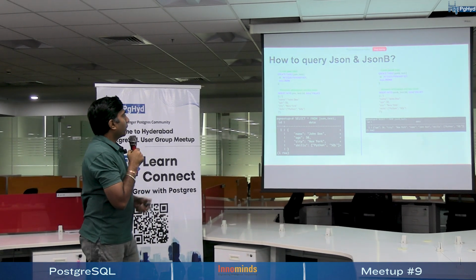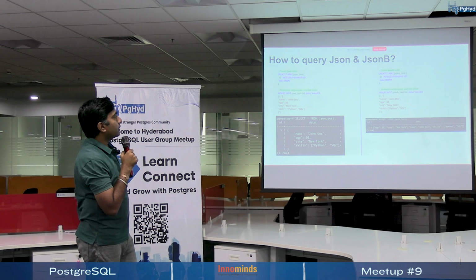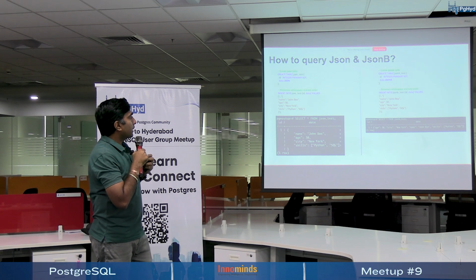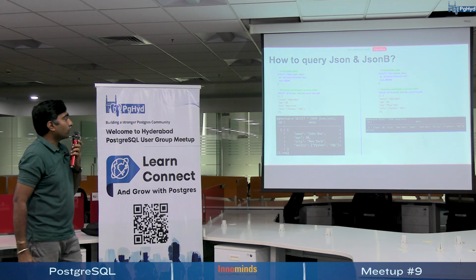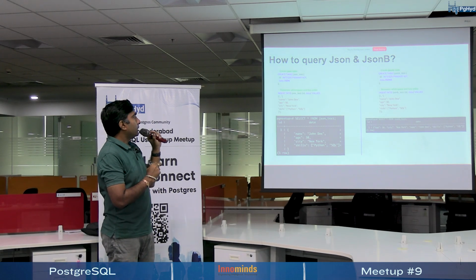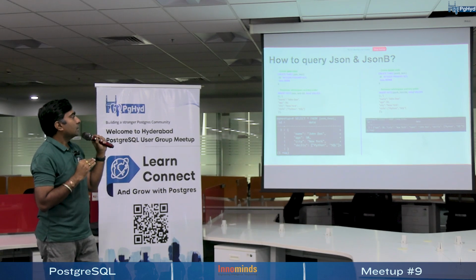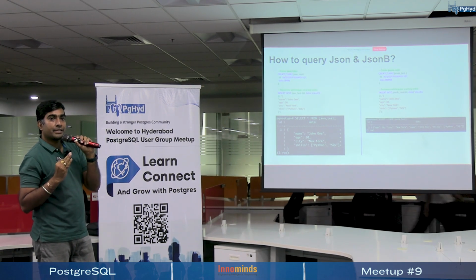Okay, so here is a glance of how we can push the data into JSONB and JSON columns. For JSON and JSONB, the only difference is, as my colleague said, that in JSON it will do preliminary syntax checks, and it carries forward the white spaces as is.